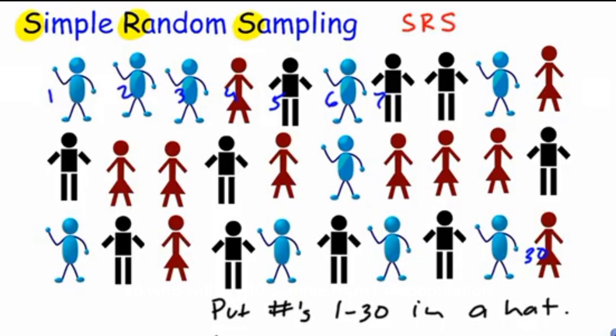For example, we get a hat and we will number it from 1 to 30 and then we will randomly select. So in the next video, we will be presenting to you a short scenario of friends or classmates who are discussing simple random sampling method.